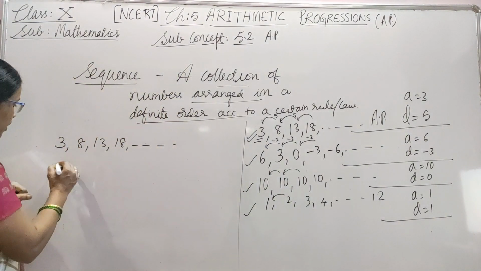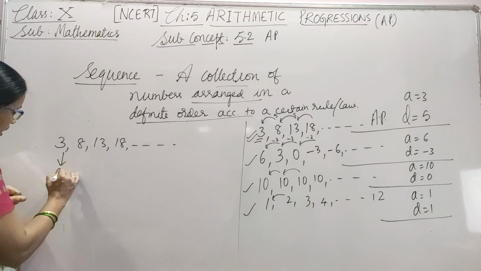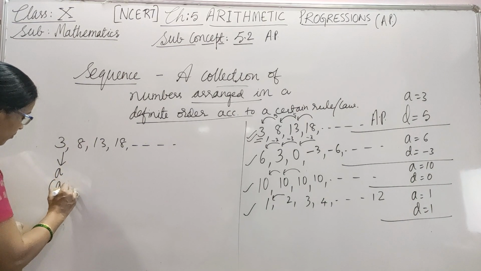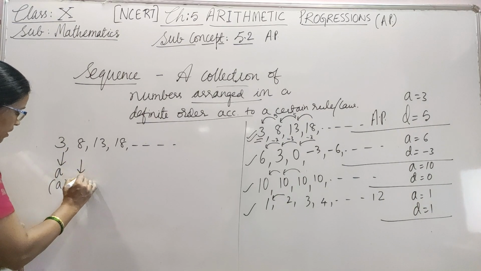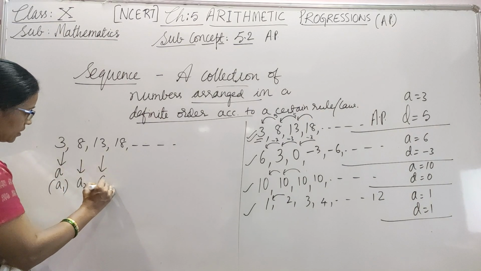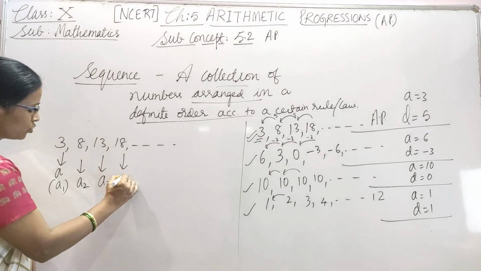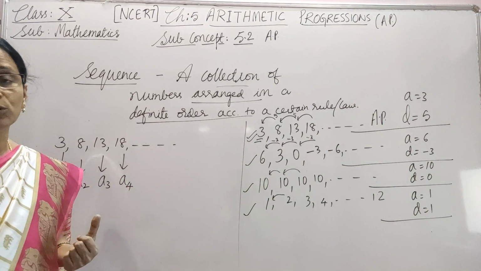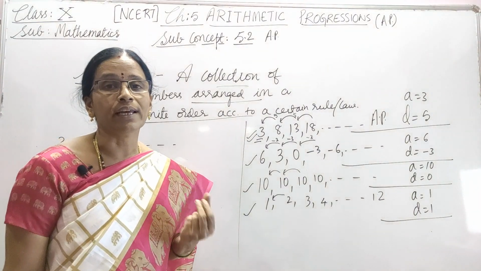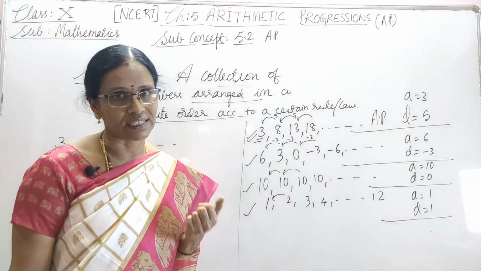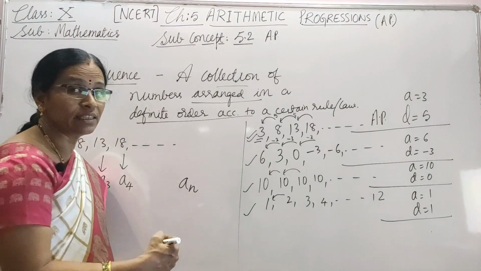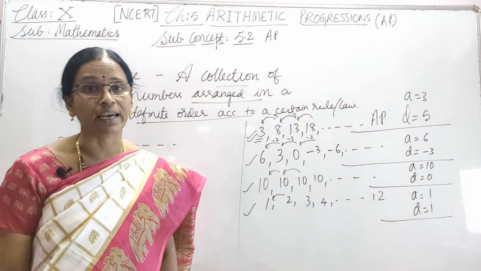So now we call this first term A, or it can also be called A1. Second term is A2. Then third is A3. Fourth one is A4, like this. The terms of the arithmetic progression are denoted as A1, A2, A3, etc. And the last term, that is the nth term, is denoted as AN.